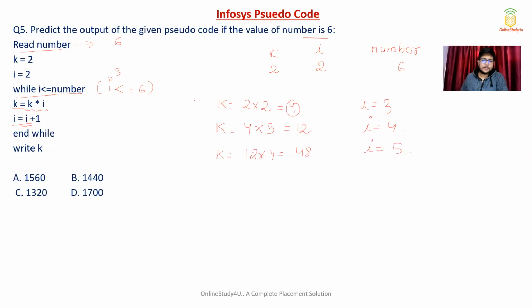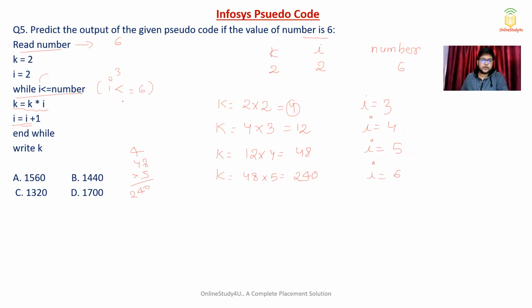Again, my i is less than the number. So k is equal to 48 into 5. Let's calculate it: 8 fives are 40, 4 fives are 20, 24, that is 240. And i goes to 6.